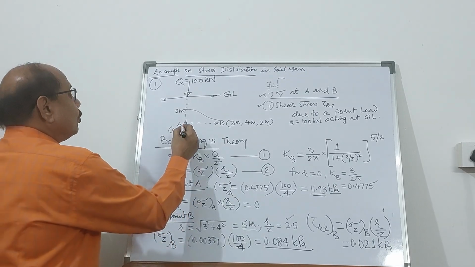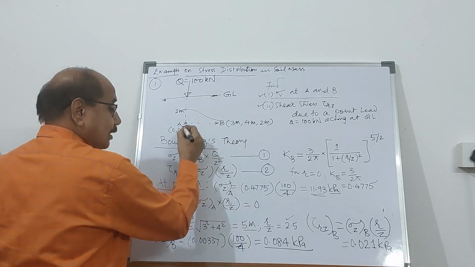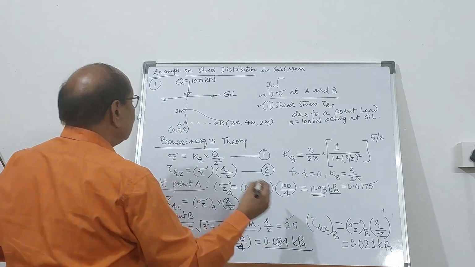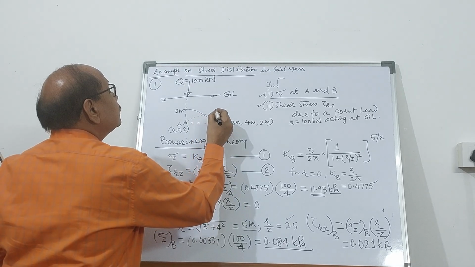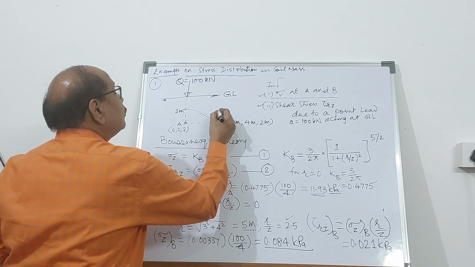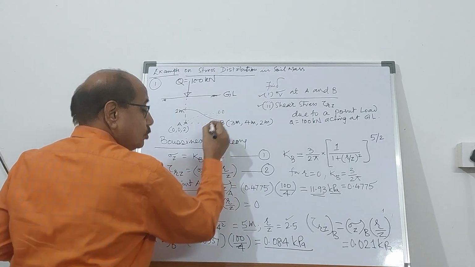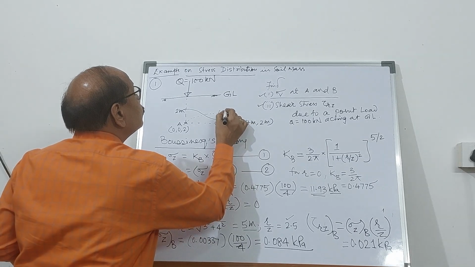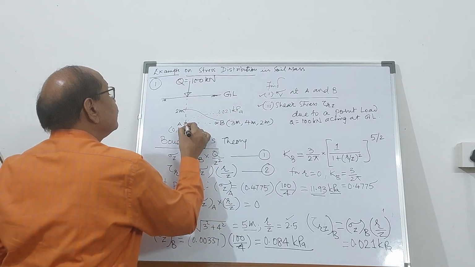So here the value of shear stress was 0, and at the point B it has increased. Here the value is 0.021 kilopascal, and here it was 0.